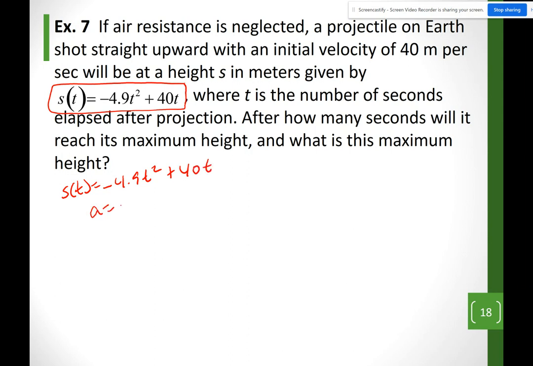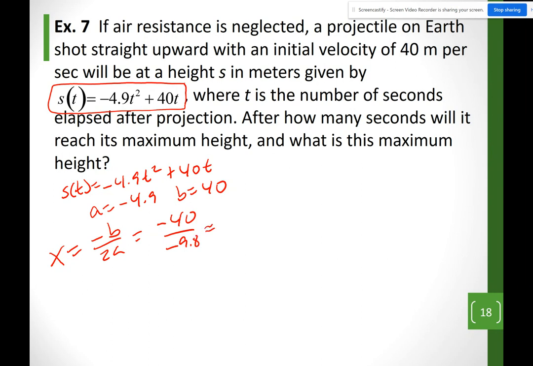I'm going to say my a is negative 4.9 and my b is 40. And the reason why I need this is because I know my x value is negative b over 2a. So I have negative 40 over negative 9.8.